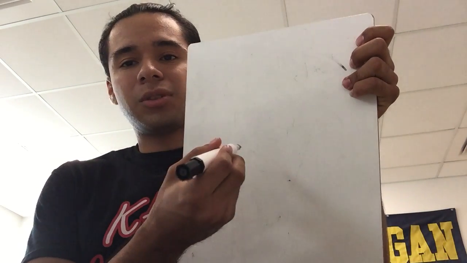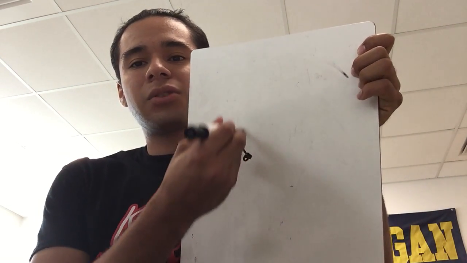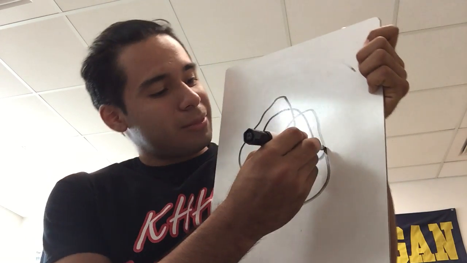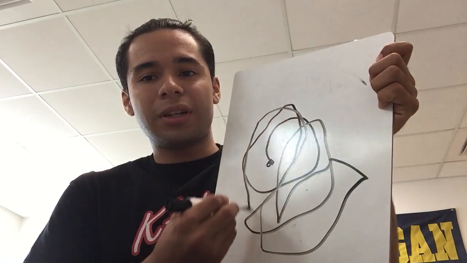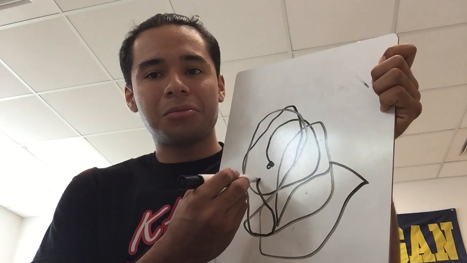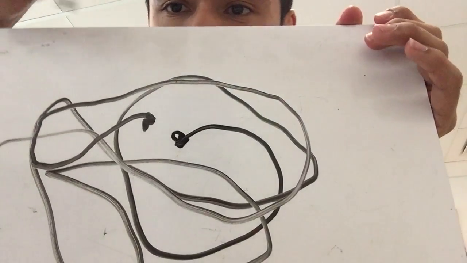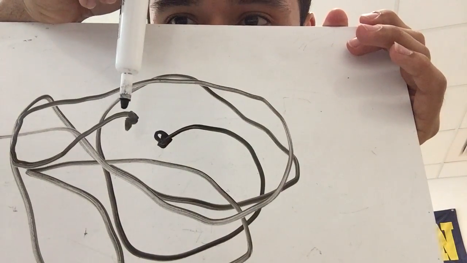For displacement, you can start here and travel all over the place. Then go there, then over there, then over there, and stop right here. So that's your starting point and that's your ending point.